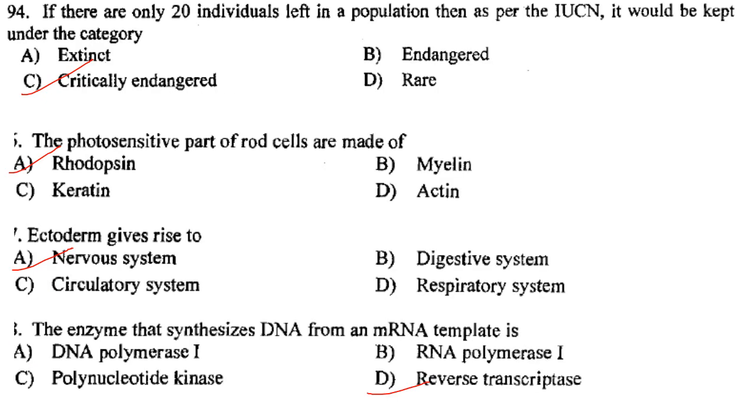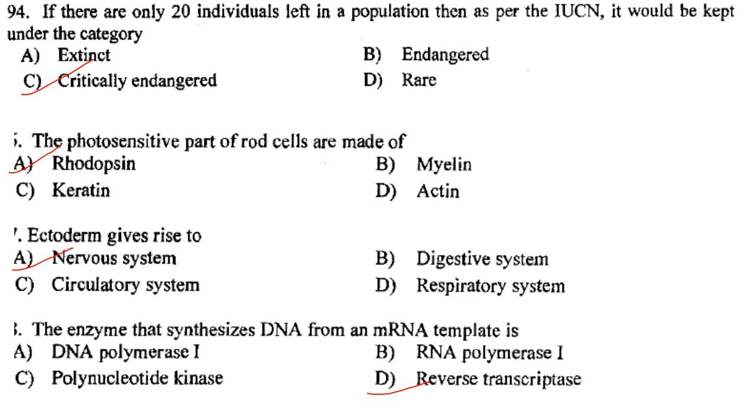The next one. If there are 20 individuals left in a population, then as per IUCN, it would be kept under the category critically endangered. Answer is option C. The photosensitive part of rod cells are made of. They are made of rhodopsin.